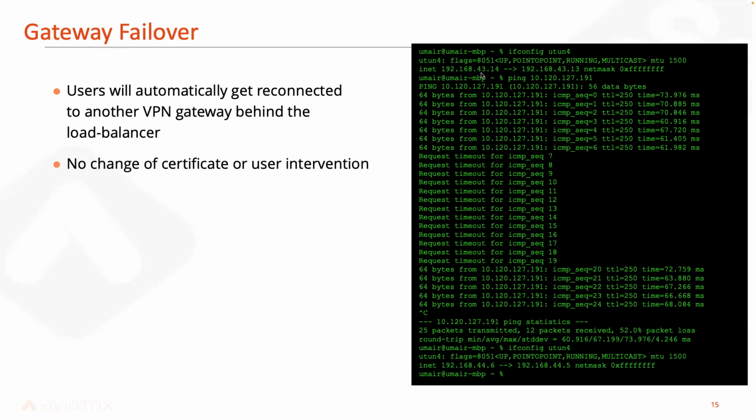The user's IP was 43.14. The gateway was 43.13. And we were able to ping a destination that is in the cloud. And then we shut down this VPN gateway. So you will lose a few requests with timeouts, and then the ping continues to work.